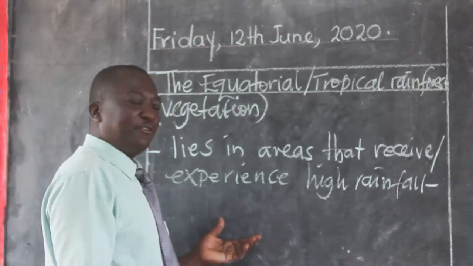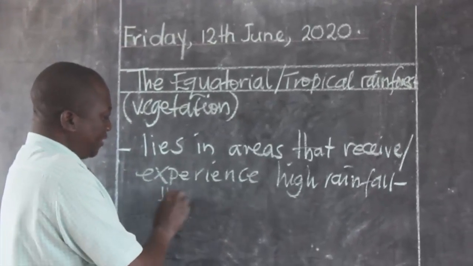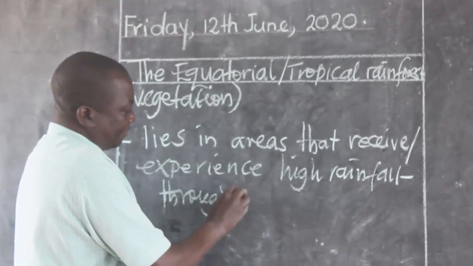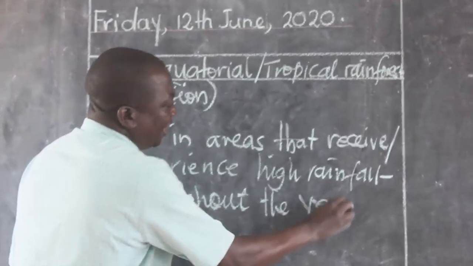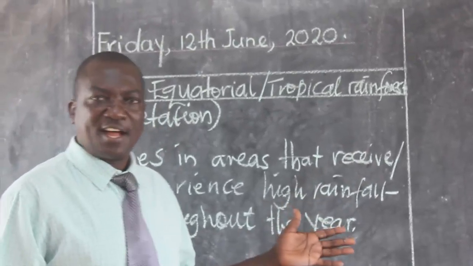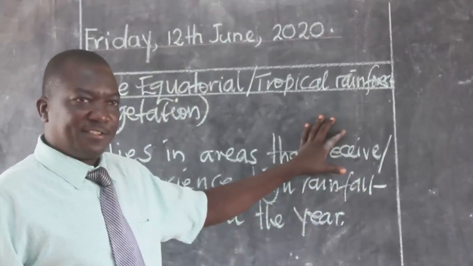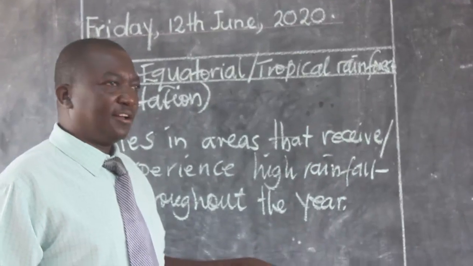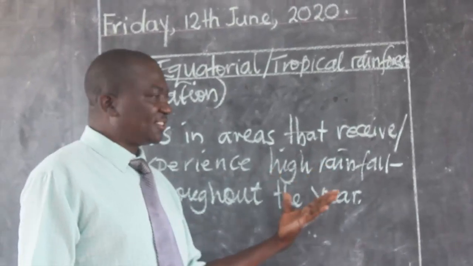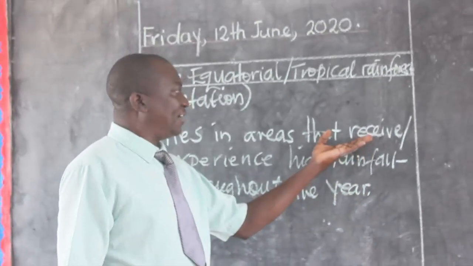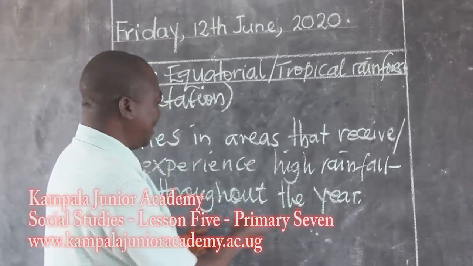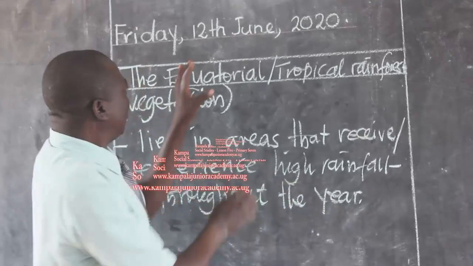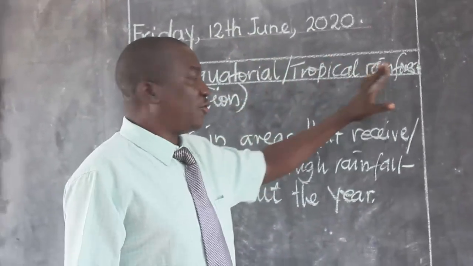But this high rainfall is always throughout the year. Now, you will realize that there are some places in Africa, in Uganda and in East Africa that differ in the amount of rainfall received. Here we are saying with this one, what we are terming as the tropical rainforest.